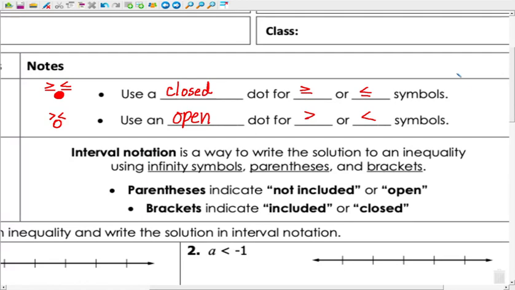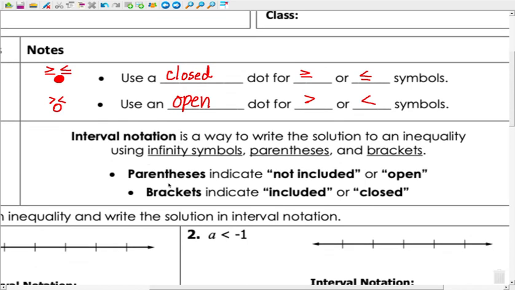Interval notation. This is where we are going to write the notation for our solution, our graph, using infinity symbols, parentheses, and brackets. We use the parentheses whenever we have open circles.